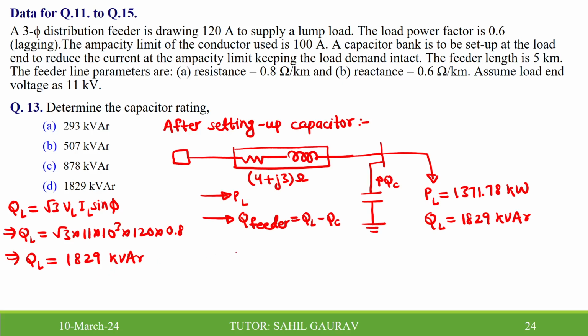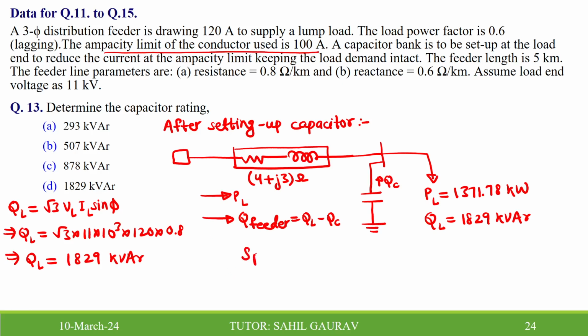Then how can we find this Q feeder? You can find Q feeder in many ways, but let us see this way. Here it is given that the ampacity limit of the conductor is 100 ampere, so we will use this data.